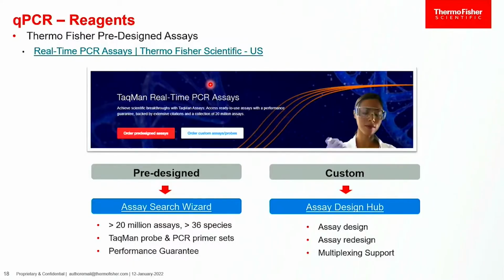If you go to our website, which is up in that link, you can browse what we already have. We have over 20 million already prepared assays ready for you to use. If I was in your shoes, that sounds really awesome that somebody's actually looked at and made and worked with assays, and I don't have to do anything.